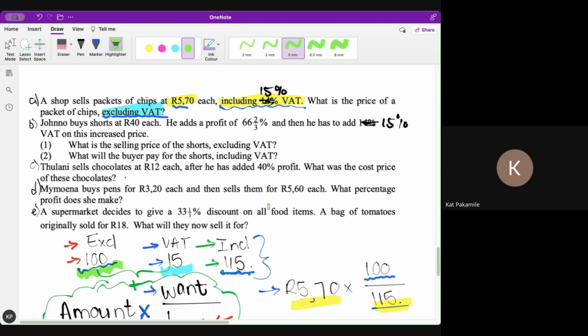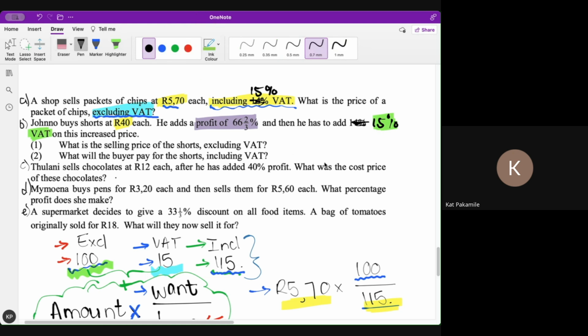It has both profits and VAT. Okay, so Jono buys shorts at 40 Rand each. And then he adds a profit of 66 and 2/3%. Then after that, he adds the 15% VAT on the increased price.